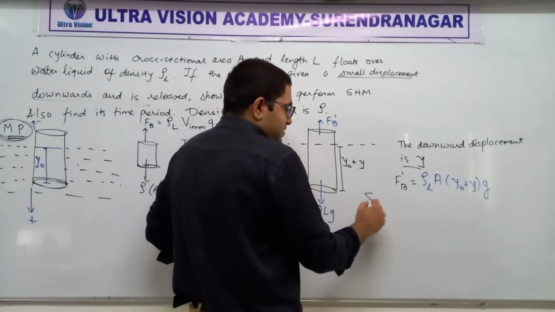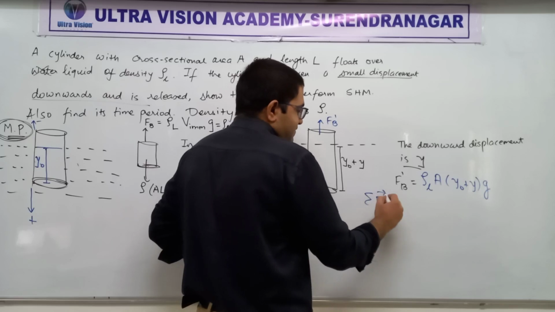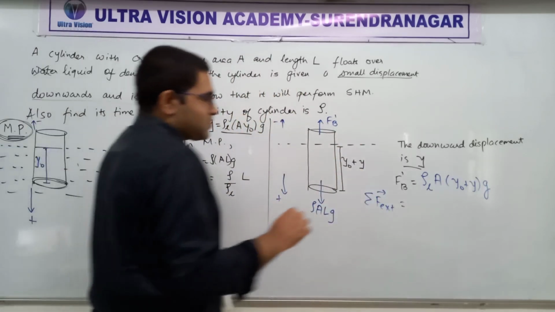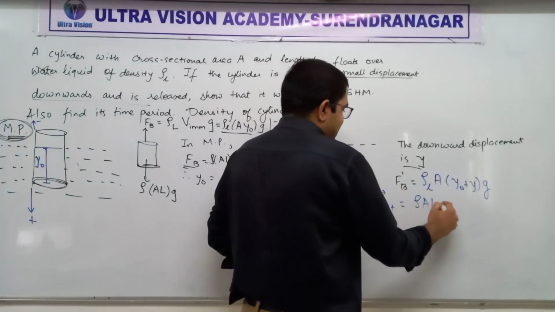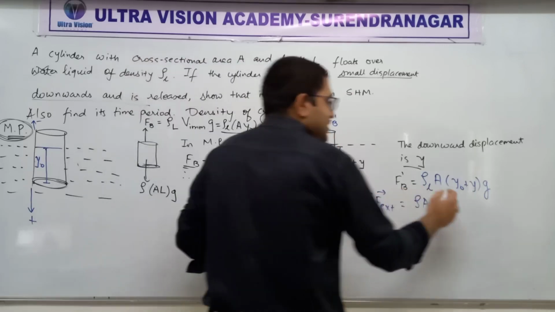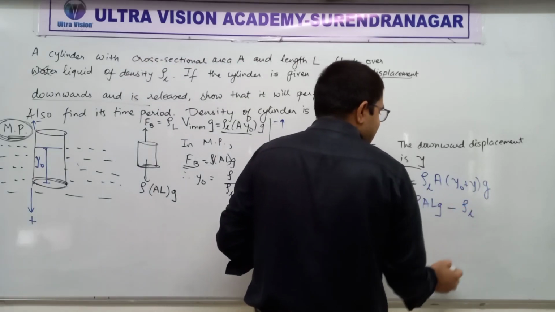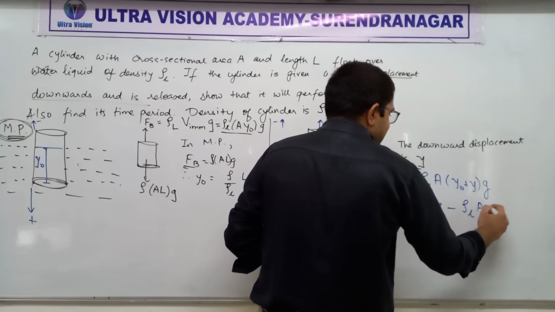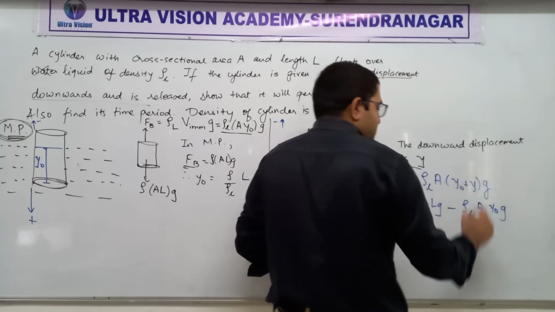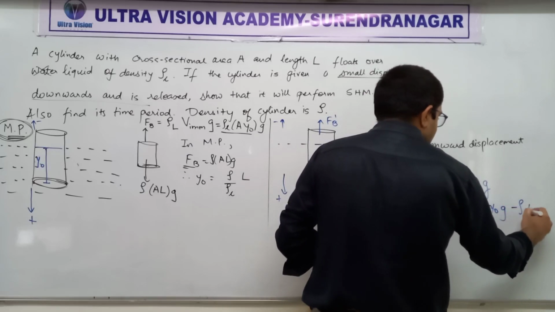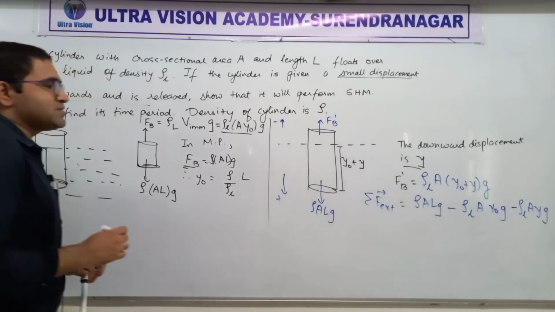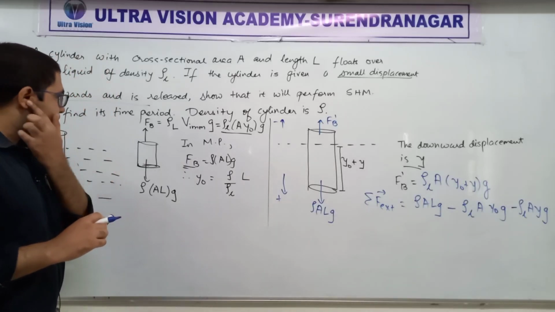So sigma F external using this FBD will be rho L A g minus FB dash, so that is rho small l into capital A into y0 g. I am opening this term. Did you understand that? Clear?